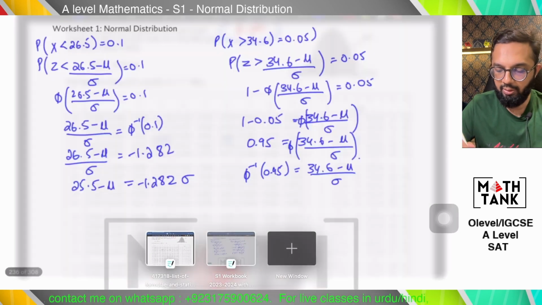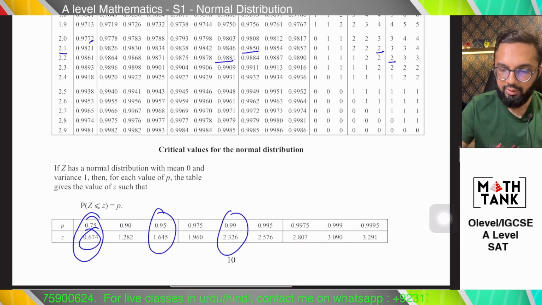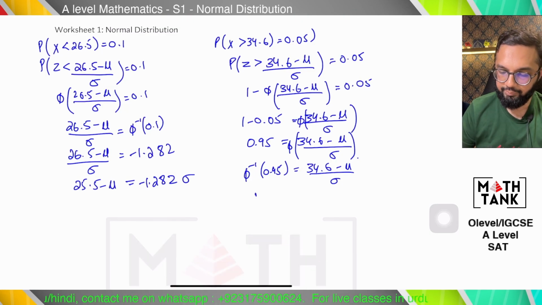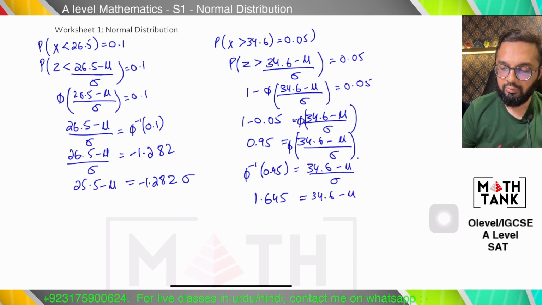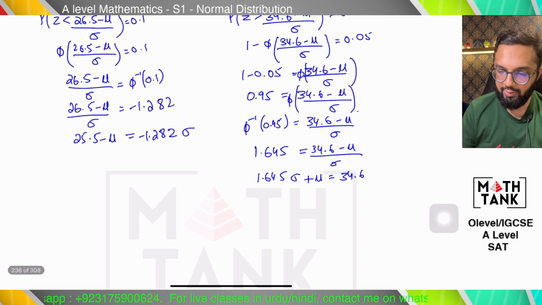Let's look at our table. It's easy to calculate from down here: 1.645. So 34.6 minus mu equals 1.645 sigma. And I'm going to move mu to this side just to show you some calculations later on.